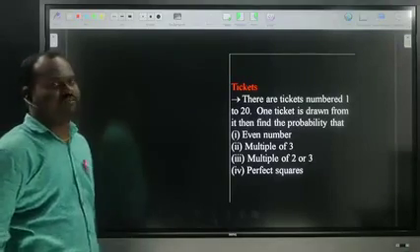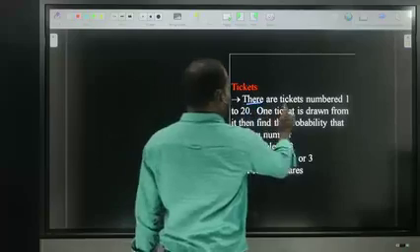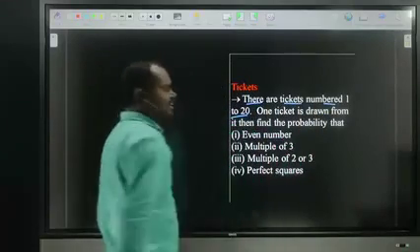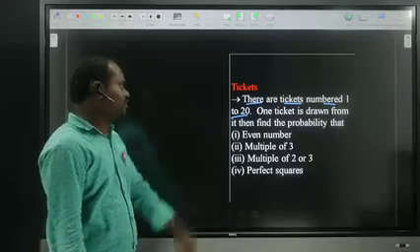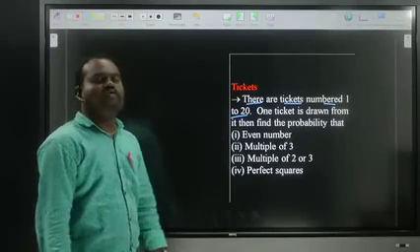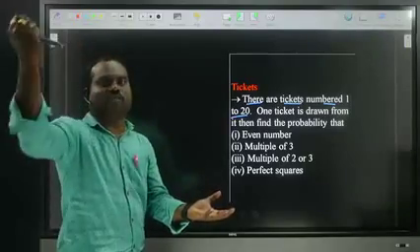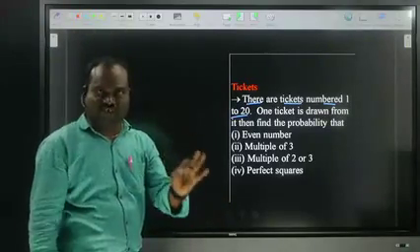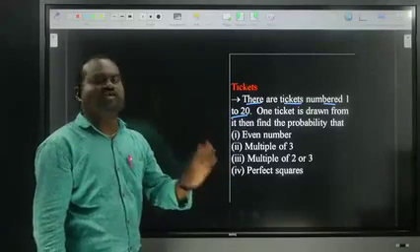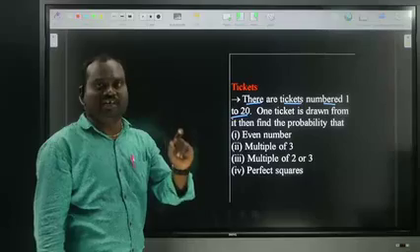Now we are looking at ticket-based problems. Observe, there are tickets numbered 1 to 20. One ticket is drawn from it, then find the probability that. Drawing one ticket is nothing but selection in permutation and combination. I said whenever we are selecting, we have to use combination.